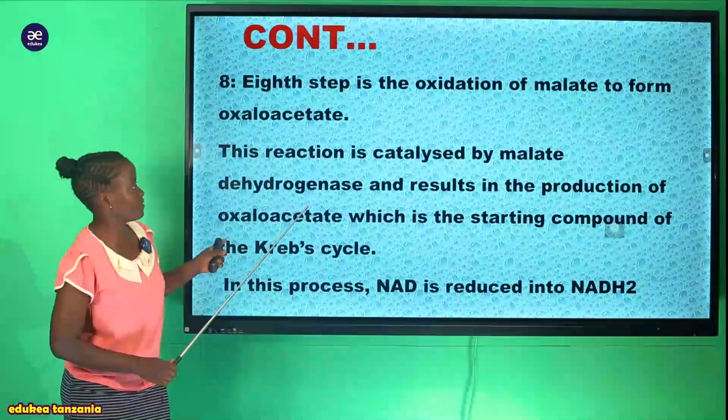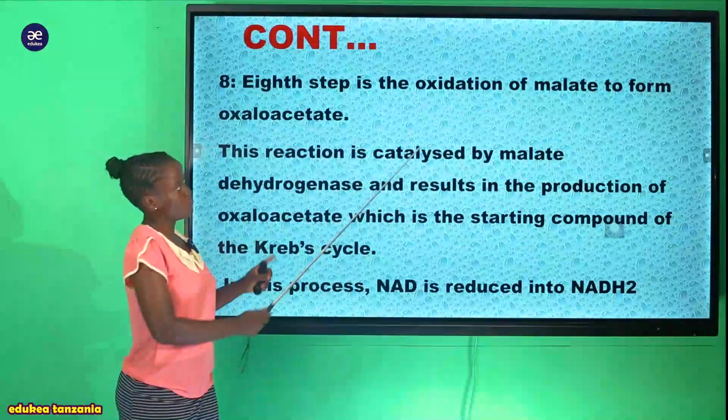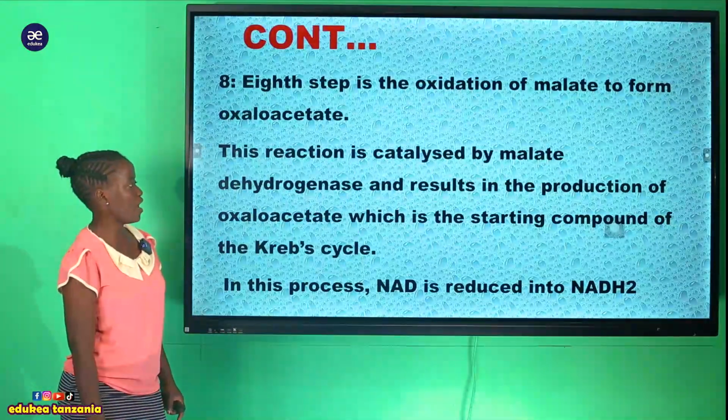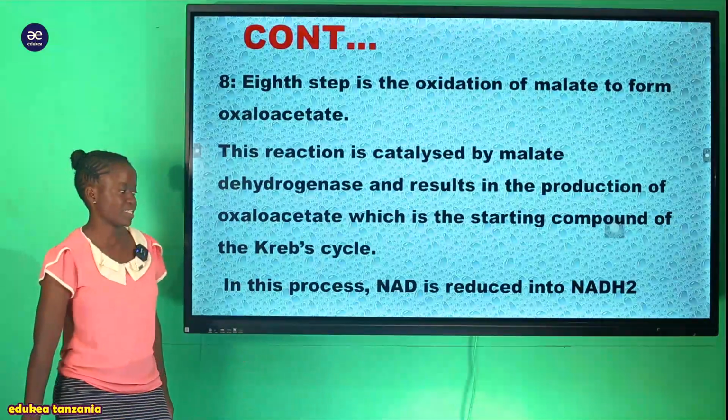So here we are removing the hydrogen group from the malate. So the resulting now is the formation of oxaloacetate.